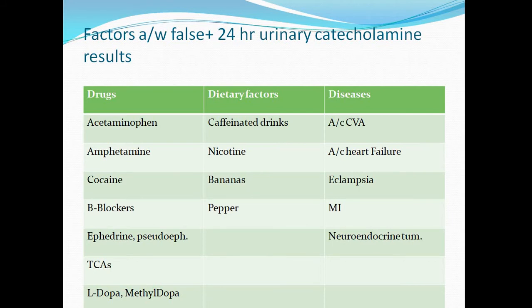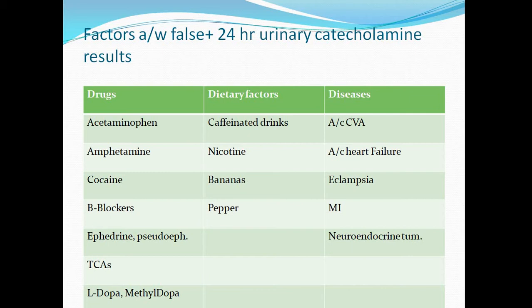So these are the factors which are associated with false positive 24-hour urinary catecholamine results. You could see drugs like paracetamol or amphetamine, cocaine, beta blockers, ephedrine, TCAs, L-DOPA, and foods which contain pepper or bananas, and nicotine, caffeinated drinks.